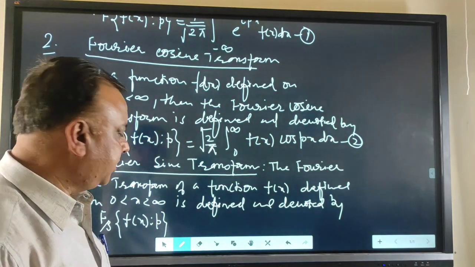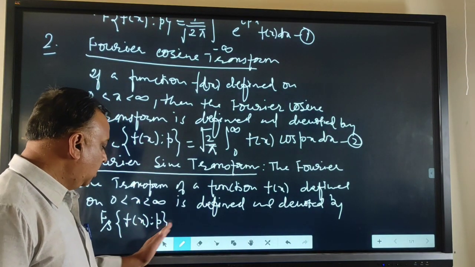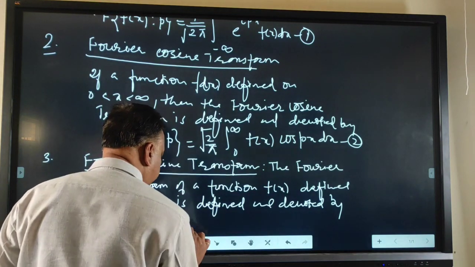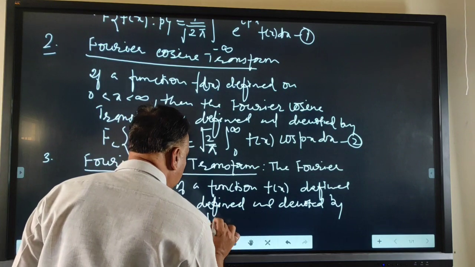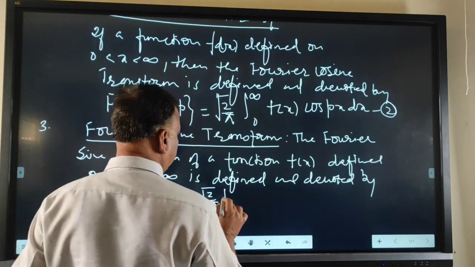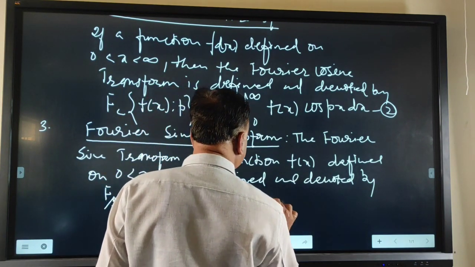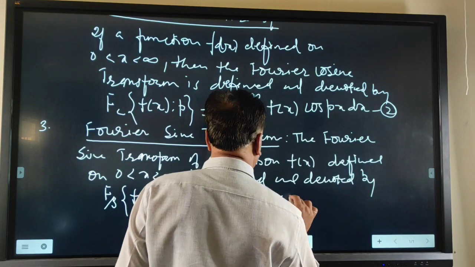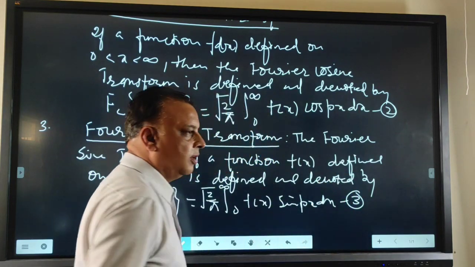S is denoted for the sine, so F_S of f(x) at p is equal to root of 2 upon pi, integral 0 to infinity, f(x) sin px dx.